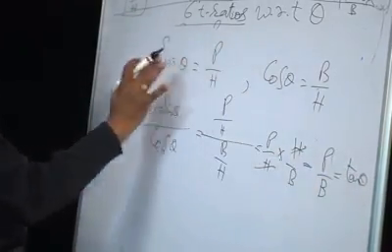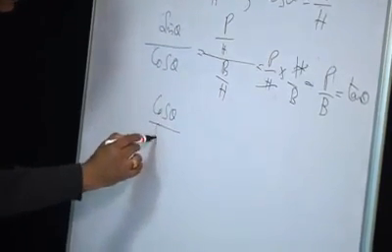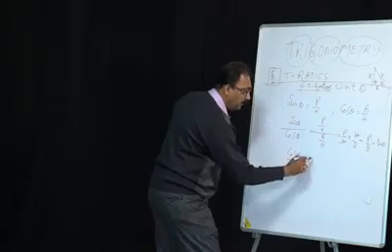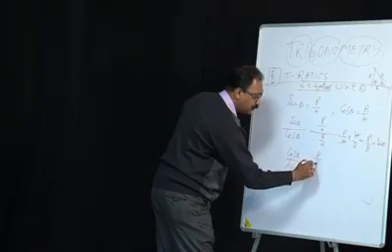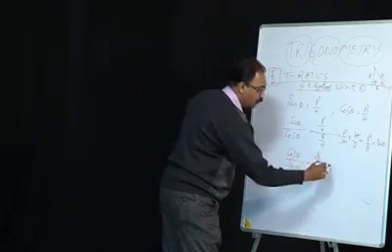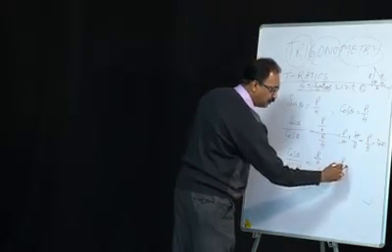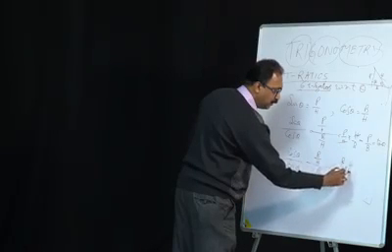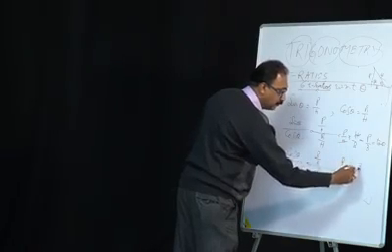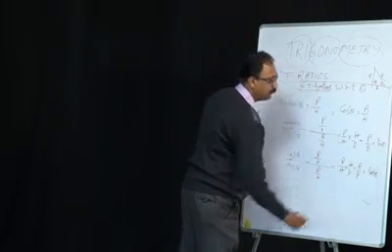Likewise, if I divide cos theta by sin theta, then it will become B by H divided by P by H. So B by H into H by P, cancel, we get B by P and it gives us cot theta.